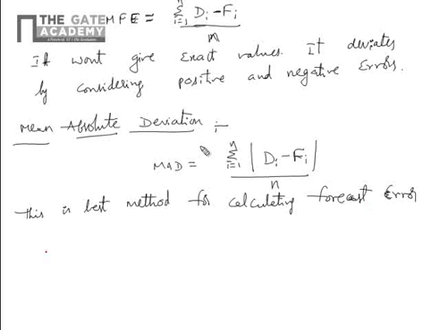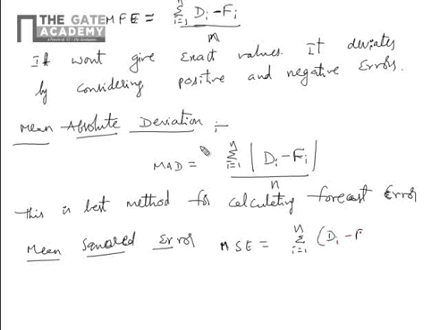So it sums up the absolute values. Next, another method is mean square error. So MSE equals sigma i equal to 1 to n, demand minus forecast whole square, by n.